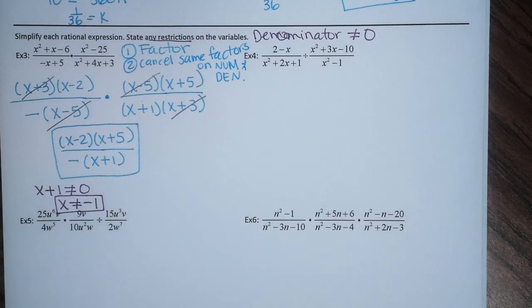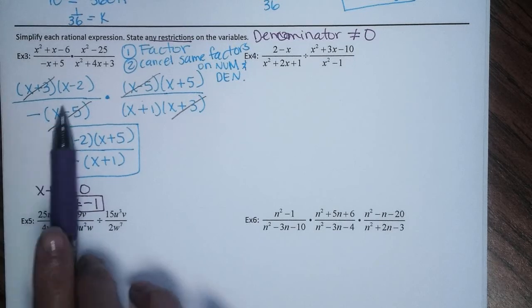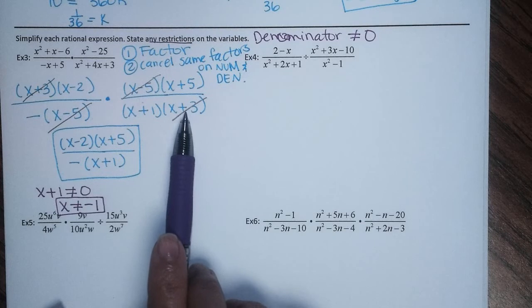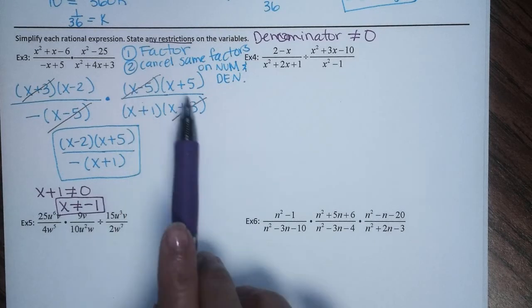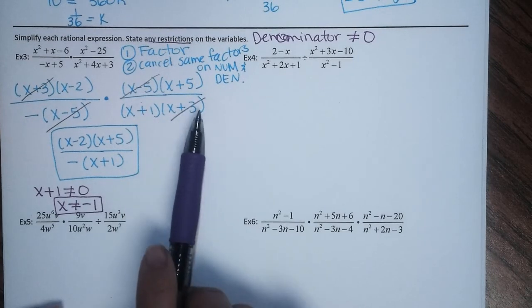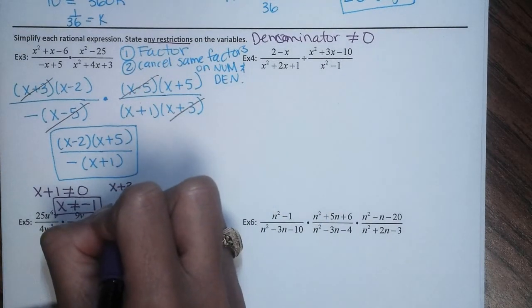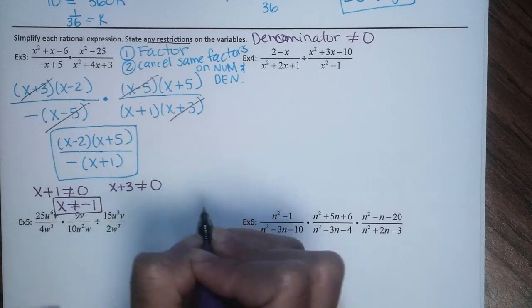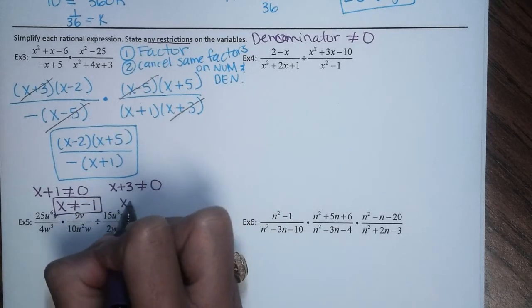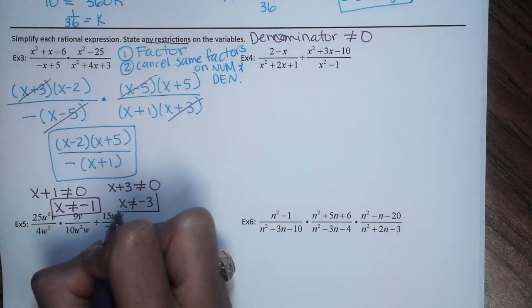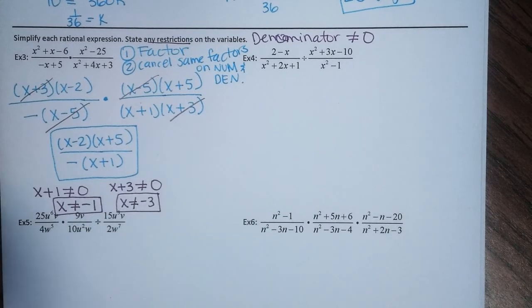But there's more, because there were other factors on your denominator before you canceled anything out. So let me look at my work. Notice how there used to be an x plus 3 on my denominator. And even though it did get canceled, it is still part of your restriction. So x plus 3 is on the denominator, and therefore it cannot equal 0. So that means that x cannot equal negative 3. And there's one other restriction.